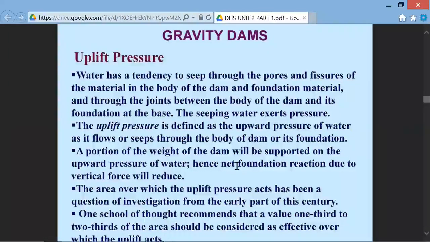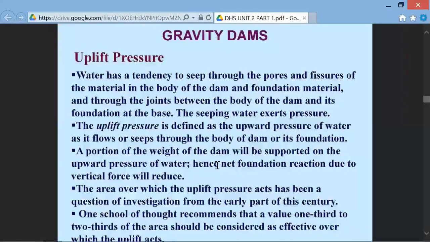This seeping water exerts pressure. So the water seepage will take place, transportation of water through the small gaps. This will take place, and this will lead to the uplift pressure. The uplift pressure is defined as the upward pressure of water as it flows or seeps through the body of the dam or its foundation.